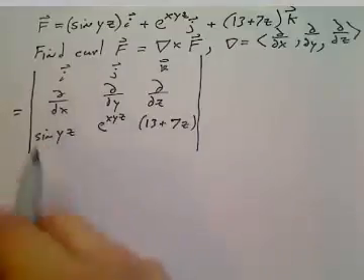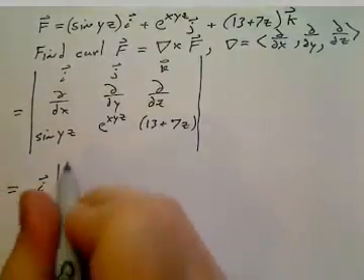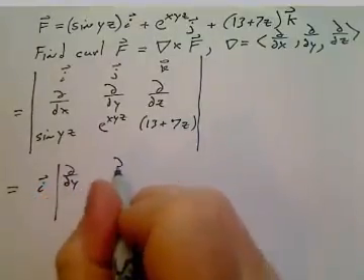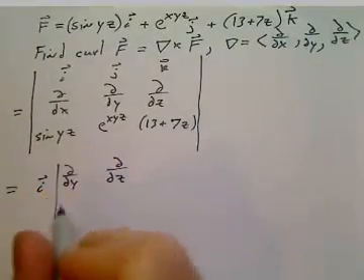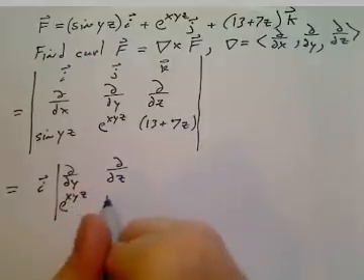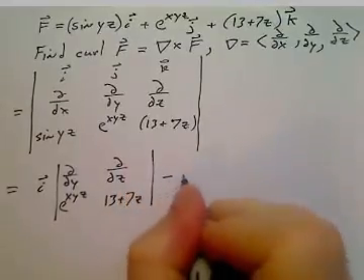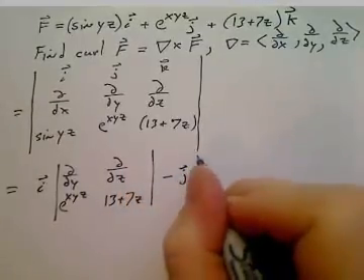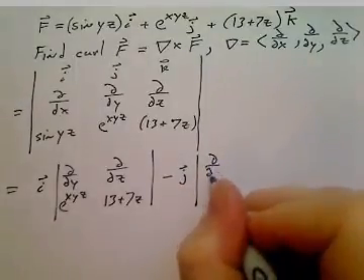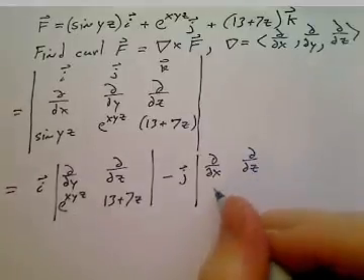Well, so what we get here is we're going to have i times partial with respect to y, partial with respect to z, e to the xyz, and I have 13 plus 7z, minus j, and then we have partial with respect to x, partial with respect to z.